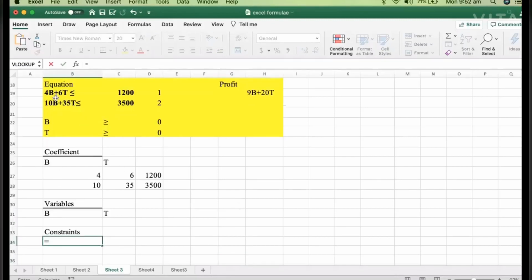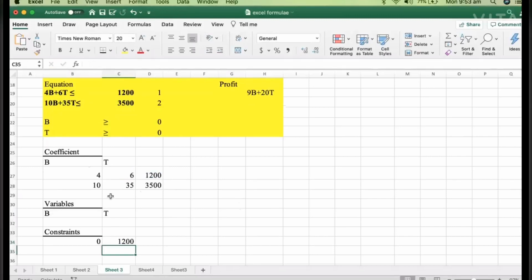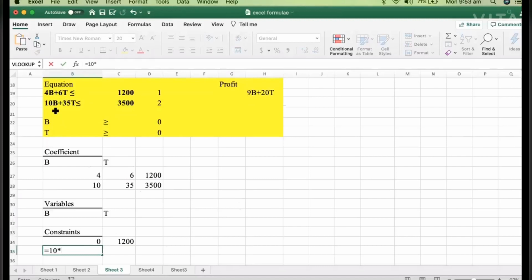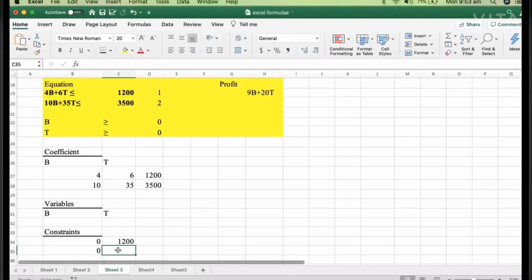So my first constraint is 4B plus 6T: 4 into B, B meaning benches, plus 6 into T, T meaning tables, and it should not be more than 1200. The same thing I will do for the second equation: 10B plus 35T, 10 into B plus 35 into T, and it also should not be more than 3500.